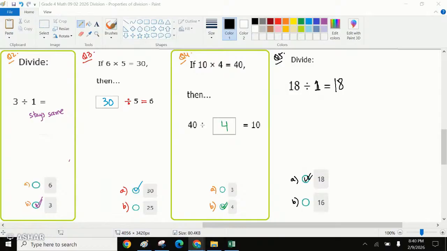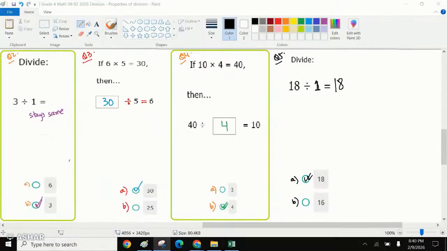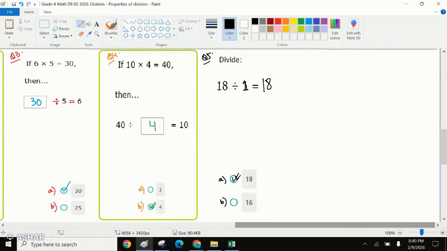For the next question, it says 56 divided by 8. If 56 was divided by 8, let's just do this. Moment, please. Let me just realign.